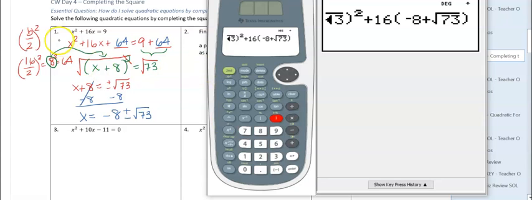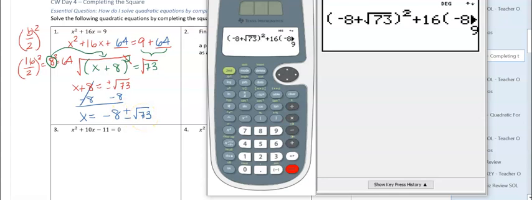And that should equal 9, because that's what this equation says: x squared plus 16x equals 9. I got rid of x and replaced x with negative 8 plus the square root of 73. Sure enough, it equals 9.